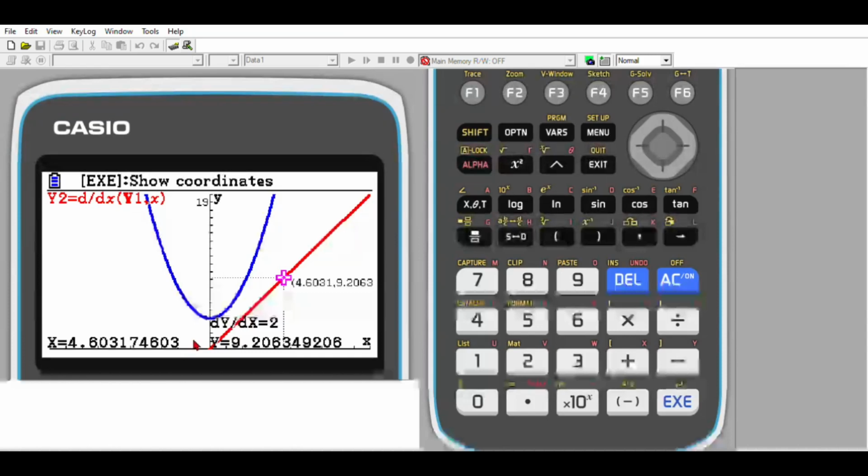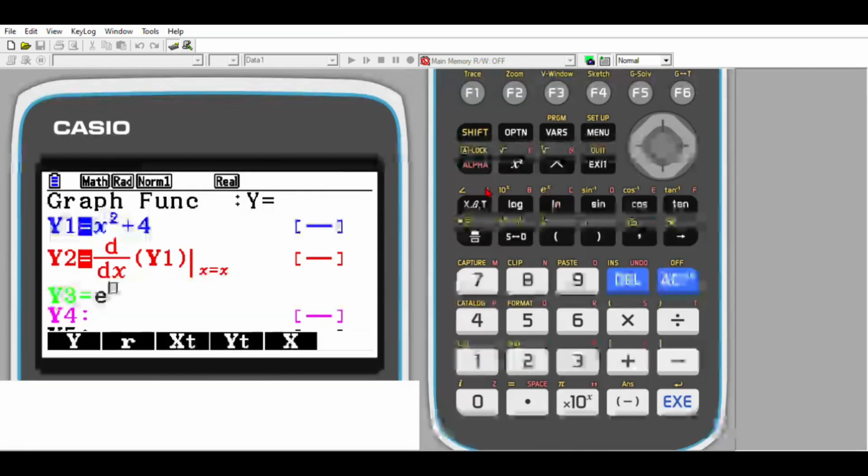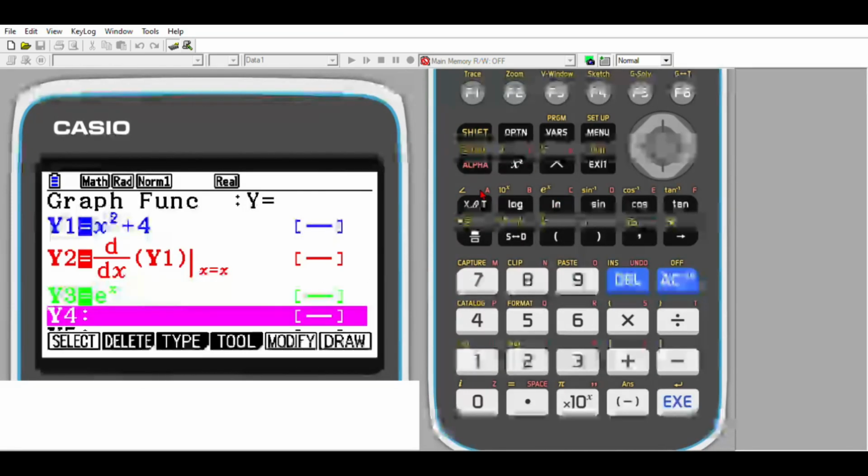Okay, so now we're going to try the following. I'm going to leave this function there, but I'm going to draw now the exponential function, which is e to the power of x, okay? So let me do this, e to the power of x. So that's the function, okay?